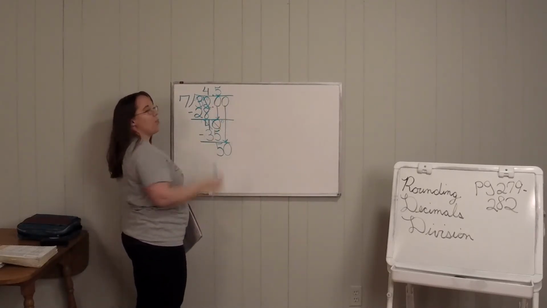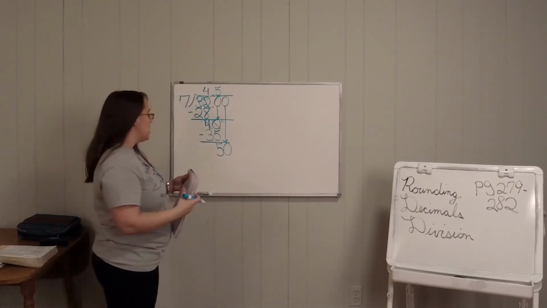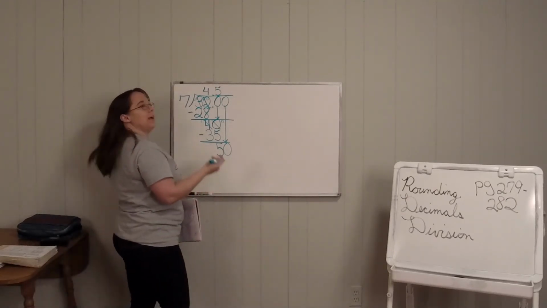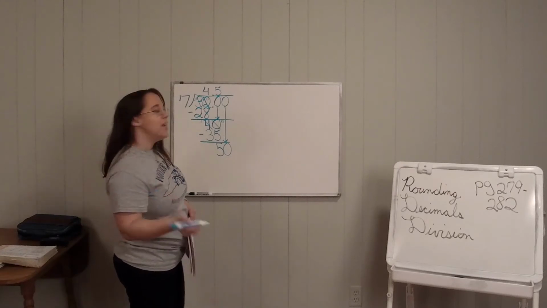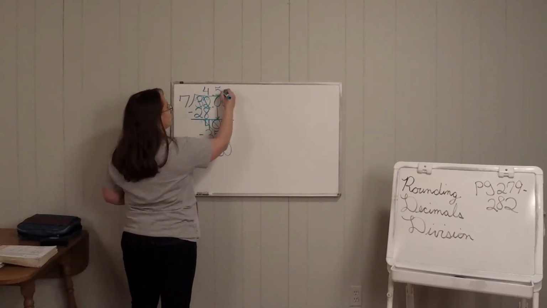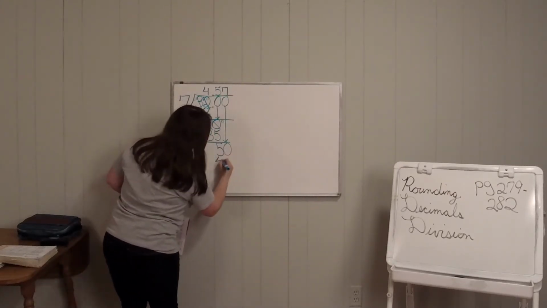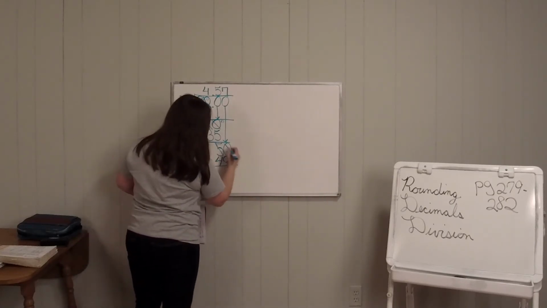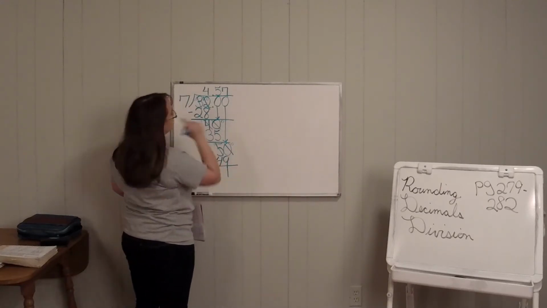So we have to go all the way to the hundredths place. How many times will 7 go into 50? Think about it. What's 7 times 7? It's 49. That's the closest you're going to get. And 10 minus 9 is 1.